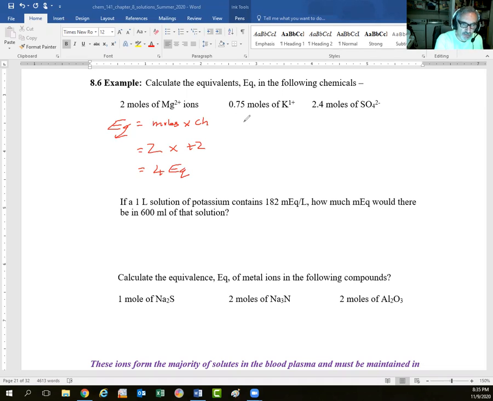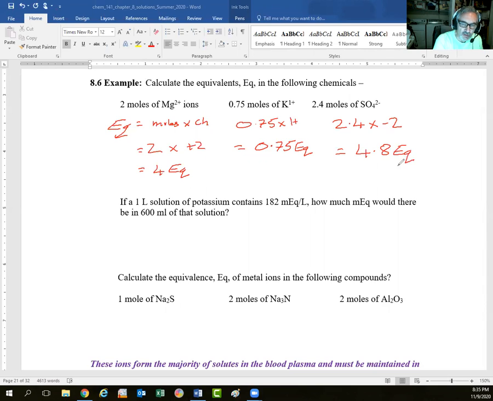The 0.75 times that 1+ charge, that gives us 0.75 equivalents. And then the 2.4 moles of sulfate ions, the 2.4 times that 2-, that gives us 4.8 equivalents of sulfate ions.